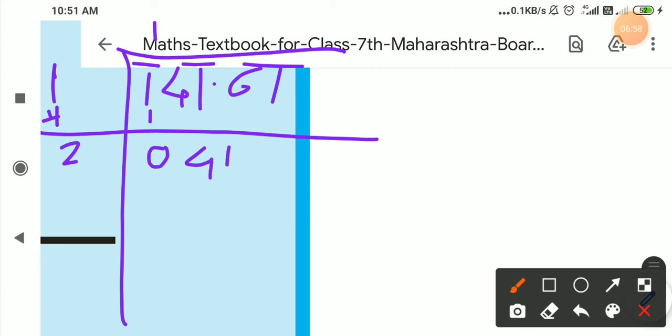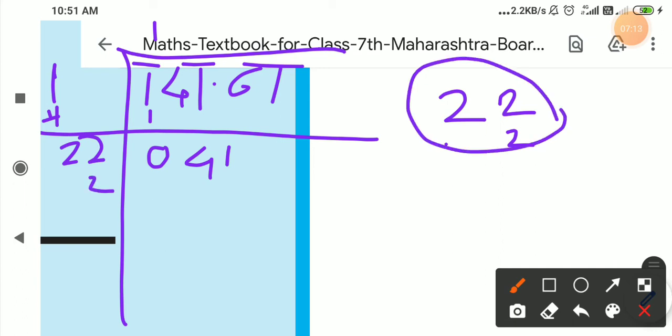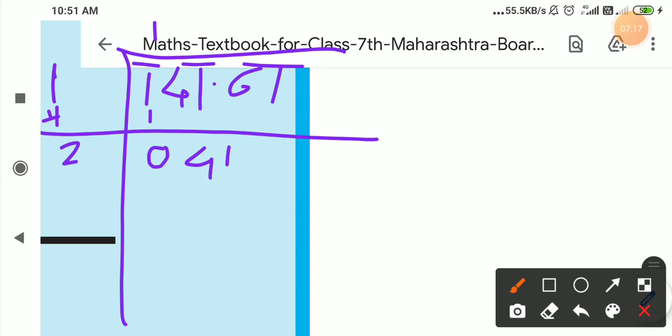Now we have to find the number to put here whose multiplication is, so 2 right here, only try to put here, 21 ones are 21, you know. So if we take 22 at this place, then these 2's multiplication is 44, and that is bigger than 41.